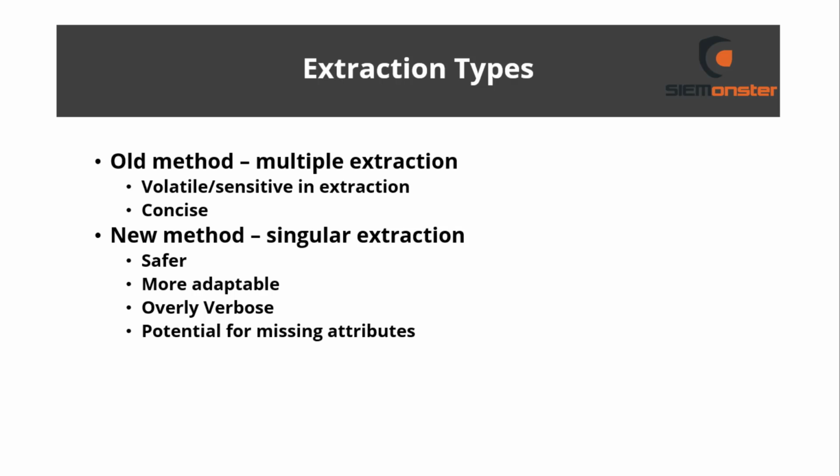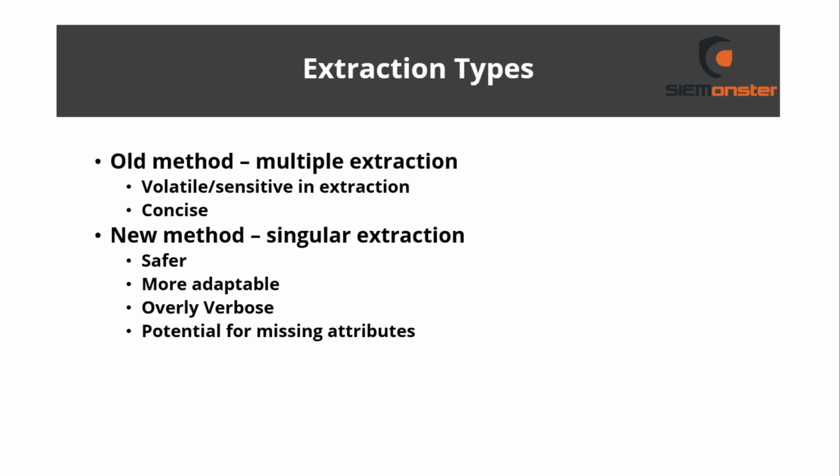So when it comes to decoders, there's the old method, which is multiple extractions in one code block. Then there's the new method, which is a singular attribute extraction. There are some considerations between the two of them. Neither one is wrong, neither one is right.